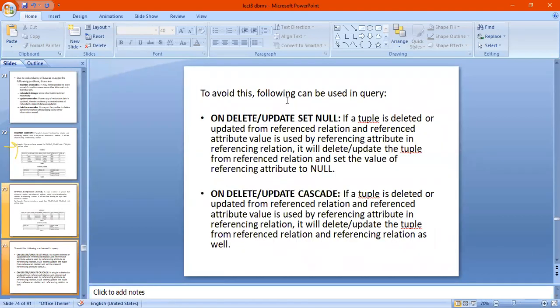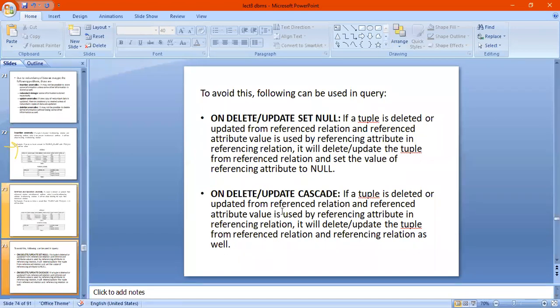To avoid this, the following can be used in the query: on delete, update, set null. If a tuple is deleted or updated from the referenced relation and the referenced attribute value is used by the referencing attribute in the referencing relation, it will delete or update the tuple from the referenced relation and set the value of the referencing attribute to null.